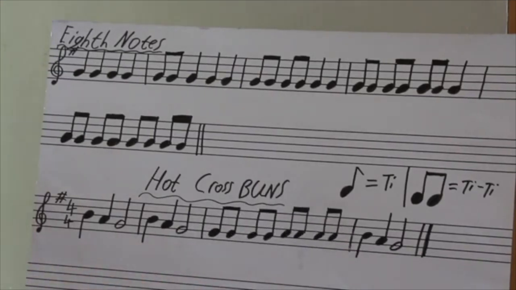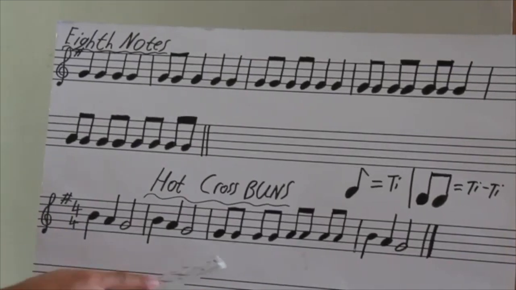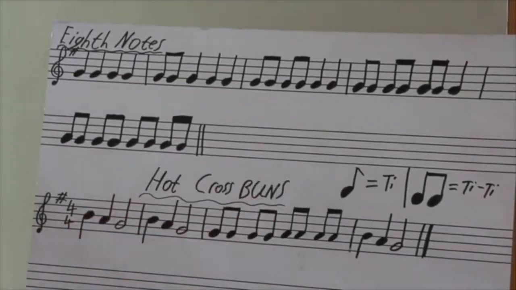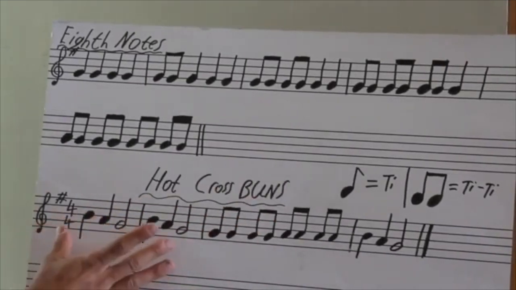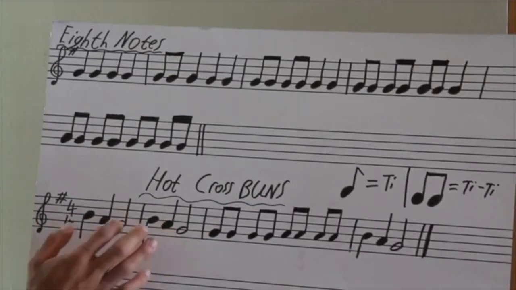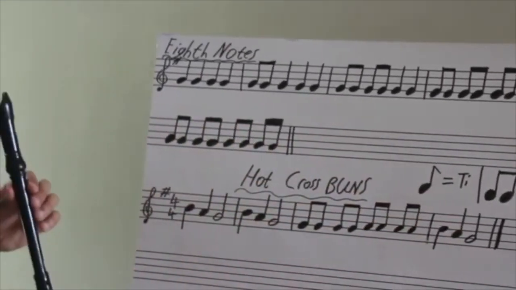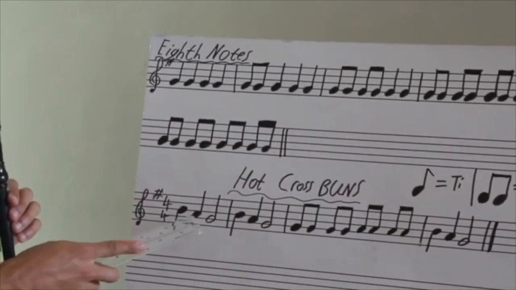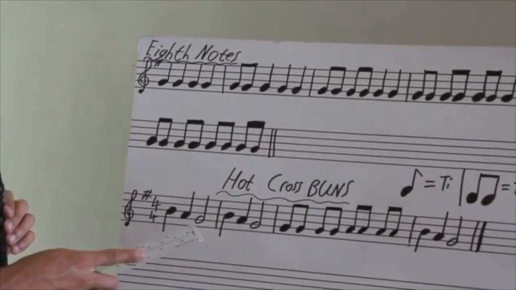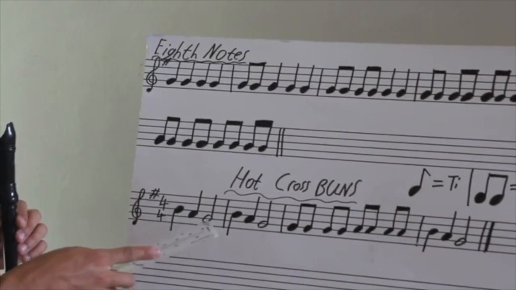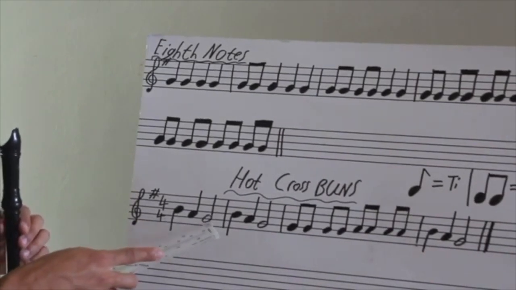So now let's try and put it on our recorder. It only has 3 notes, G, A, and B. But over here we have eighth notes, and we're going to learn how to play that on our recorder. Okay. So let's start this off. The first and second bar and the fourth bar are exactly the same. It is B, A, G. B, A, G. And G is held for 2 beats because it's a half note.